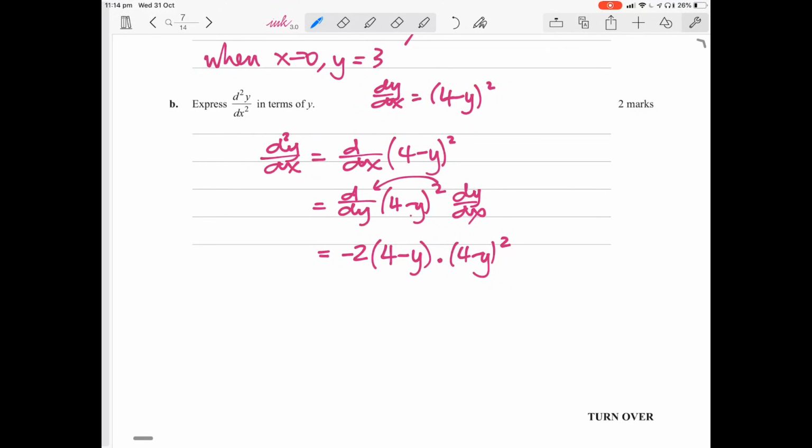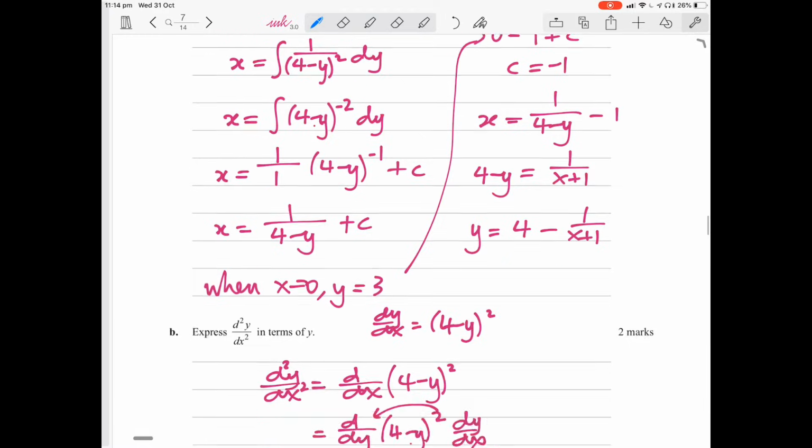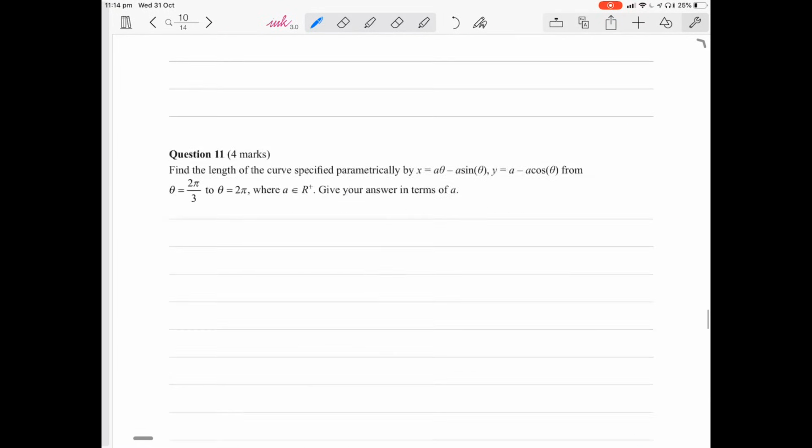So it's just negative 2 (4 minus y) cubed. So that's what d squared y/dx squared is. How long have we got left?